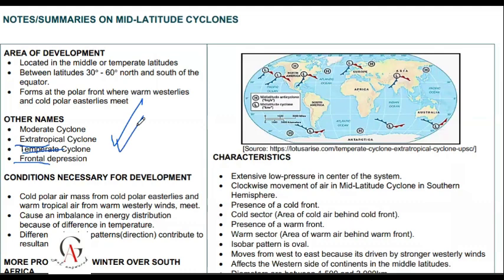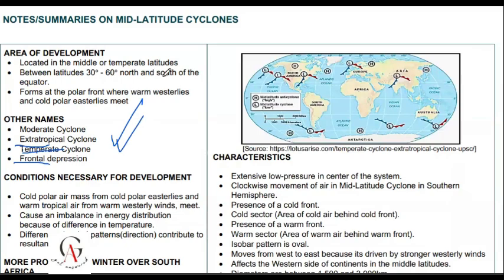So if you find a question which requires you to give an alternative name for a mid-latitude cyclone, always remember the moderate cyclone, the extratropical, the temperate, or the frontal depression.